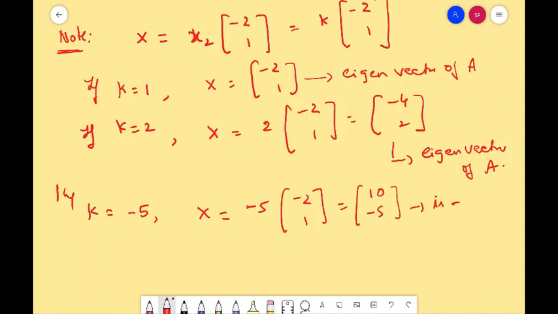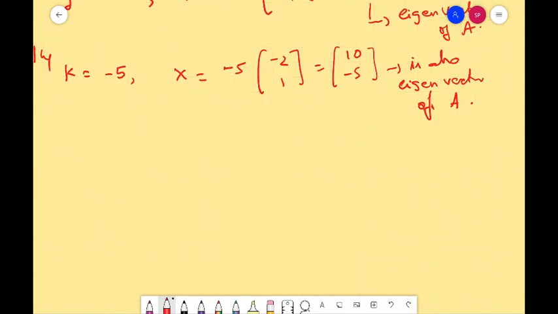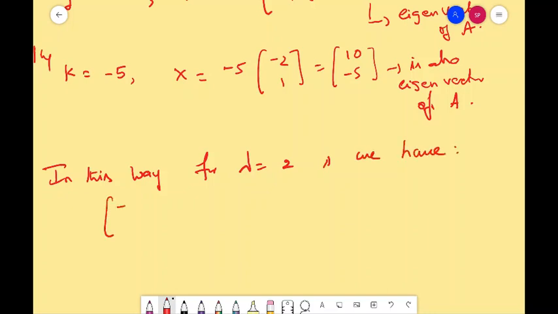This is also an eigenvector of A. So for lambda is equal to 2, we have minus 2, 1, minus 4, 2, and so on, 10, minus 5, and so on.